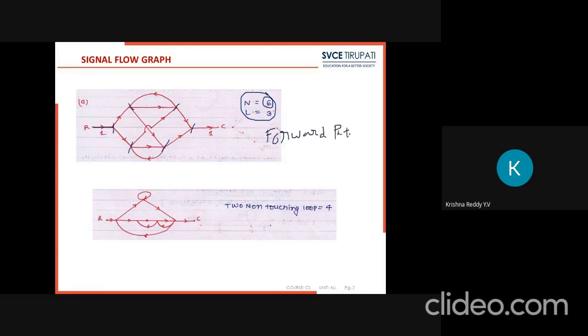Now tell me at least one forward path. A forward path means it is the connection between input to output along with the nodes. Tell me at least one forward path.